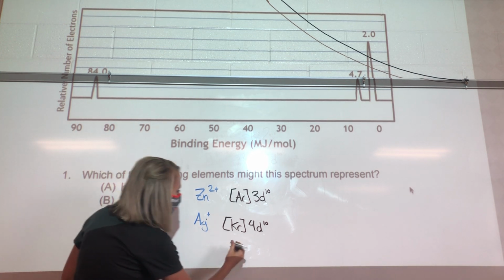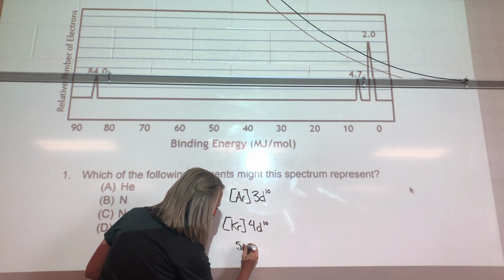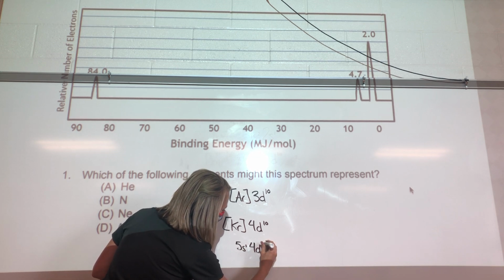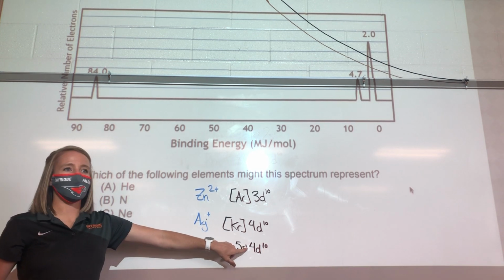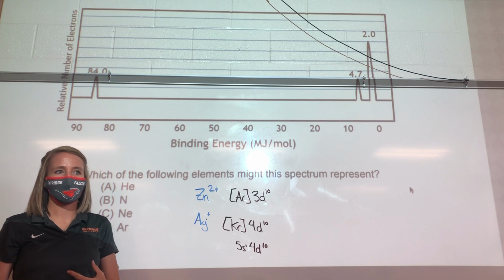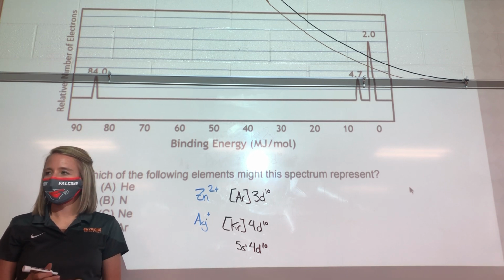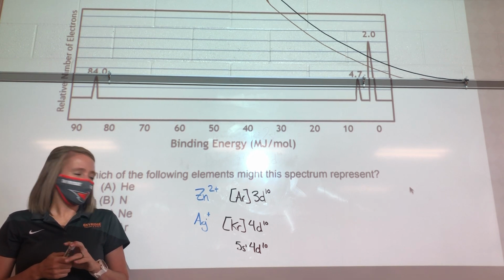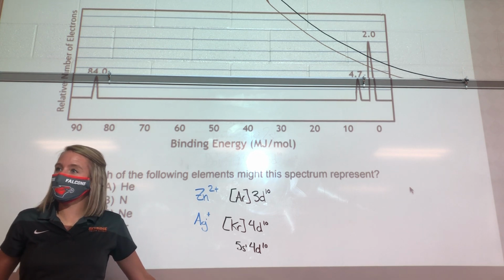So remember, silver's normal configuration is 5s1, 4d10, and so that one electron empties the s. Yep. Okay, let me know if you have any questions.